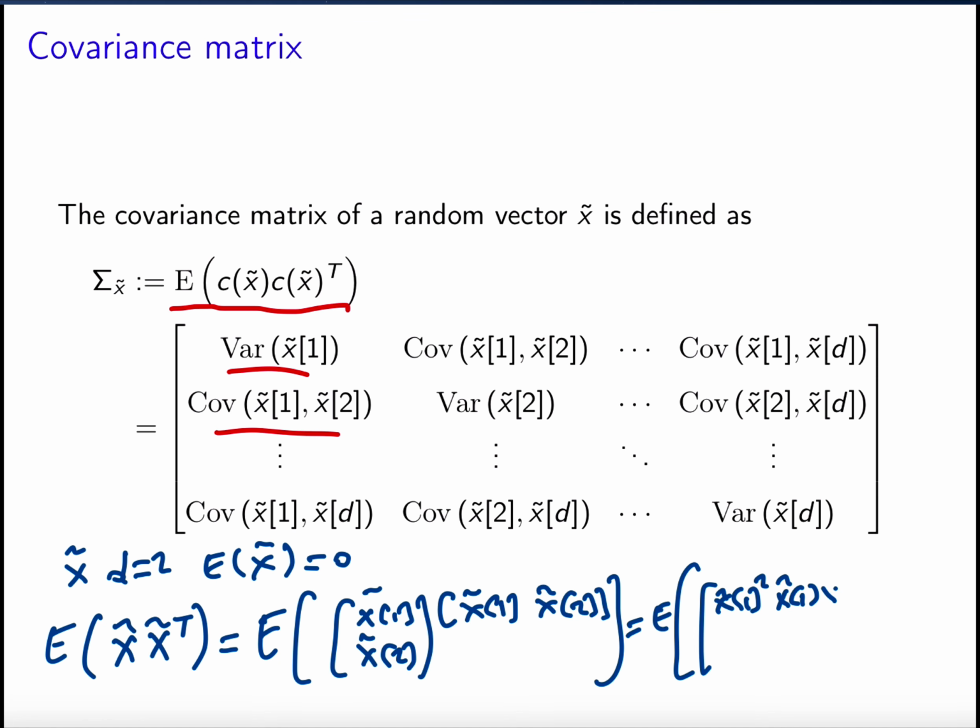This is just linear algebra, I'm just multiplying these two vectors.